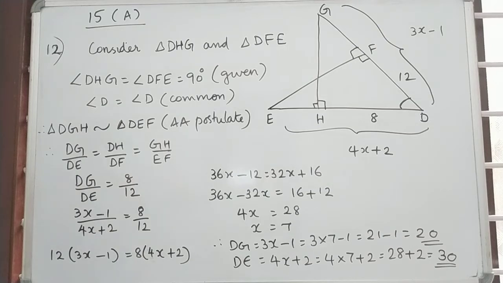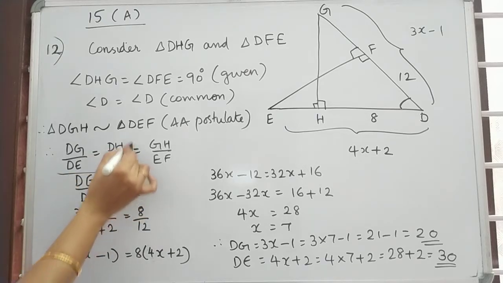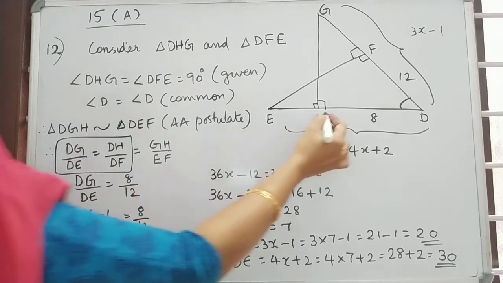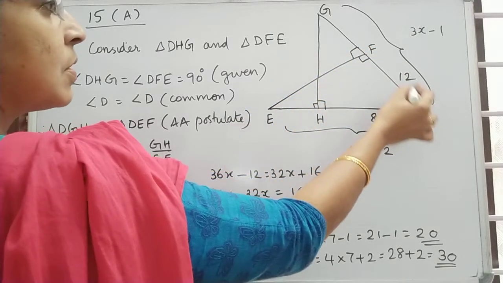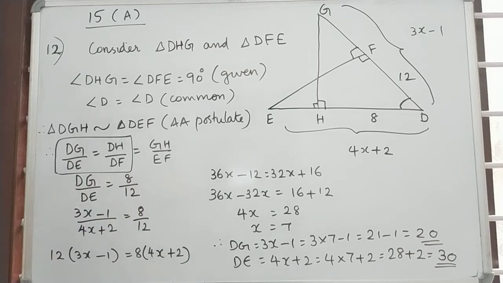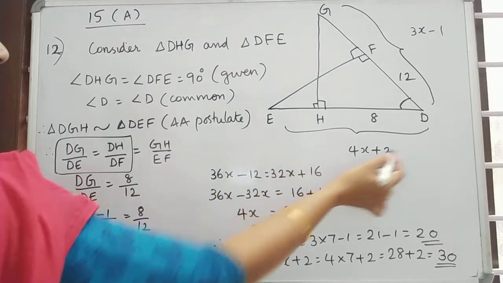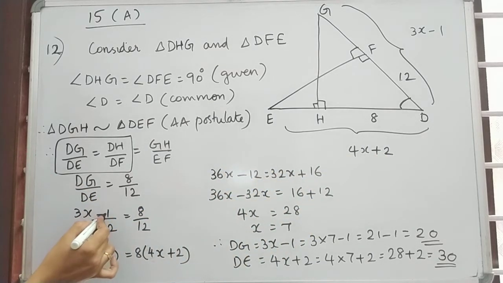So DG divided by DE is equal to DH divided by DF. DH is given as 8, DF is 12. DG is 3x minus 1 and DE is 4x plus 2. So 3x minus 1 over 4x plus 2 is equal to 8 divided by 12.